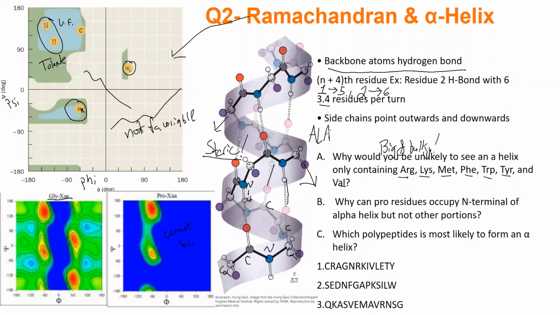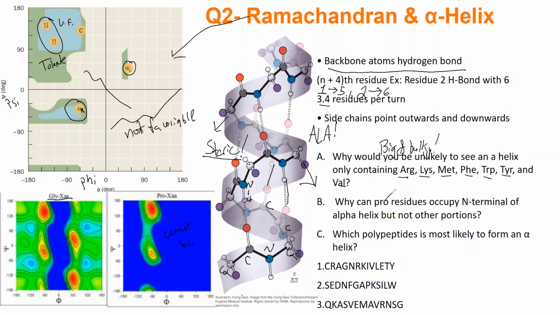Alanine is like the best amino acid at forming alpha helixes. Proline cannot be in the alpha helix at all, except as the very first amino acid.